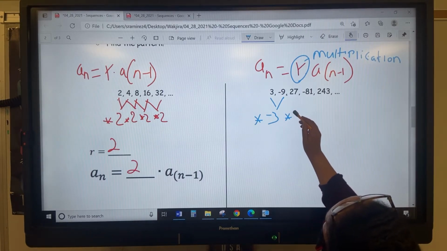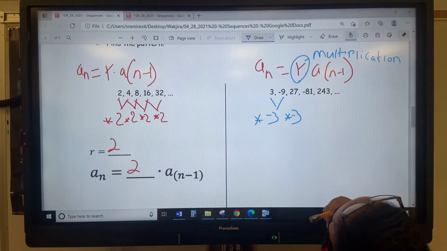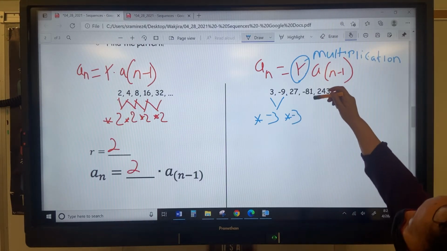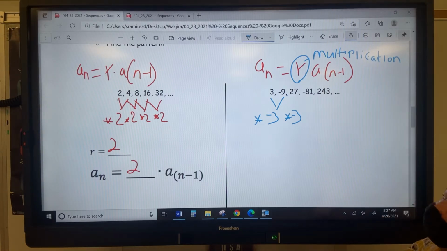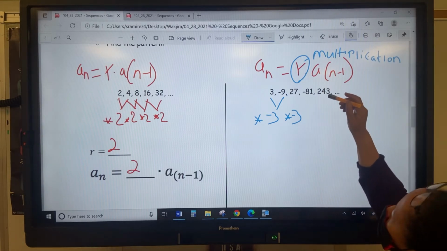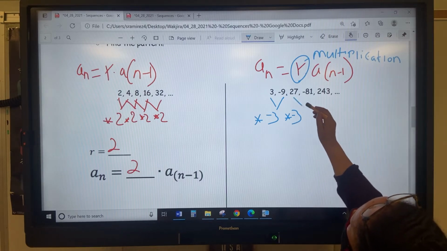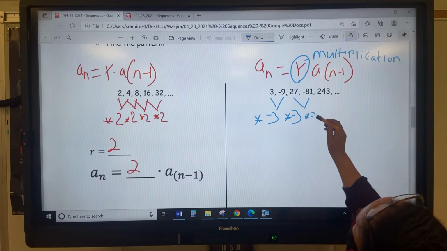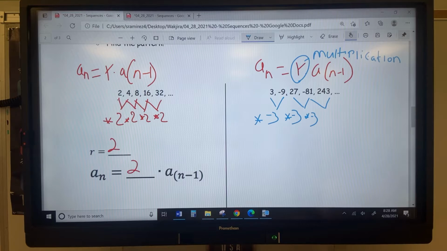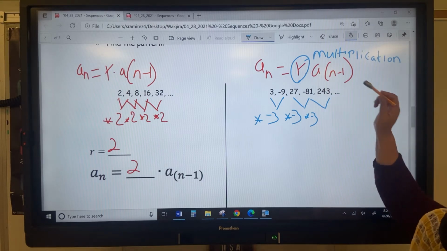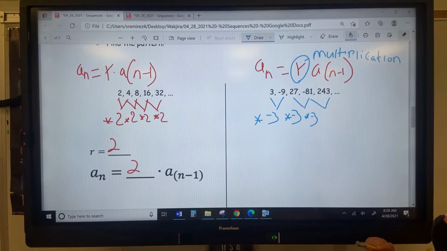Again, 27 to go to negative 81, what multiplies that? Negative 3. From 81 to go to 243, what multiplies negative 81 to give you 243?